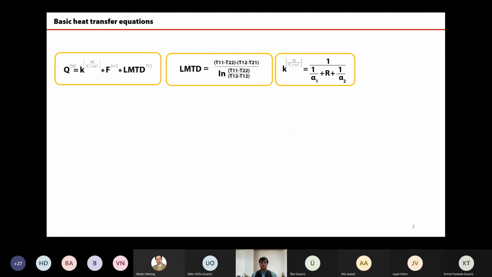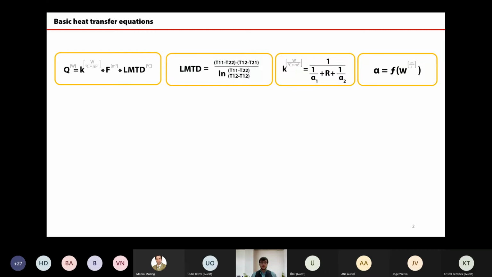Then one of the most important parameters is the heat transfer coefficient, HTC, which depends on the film coefficients on both sides of the heat transfer surface and the heat resistance of this heat transfer surface. And in the most general way, the film coefficient depends on the velocity of the flow in the channels.